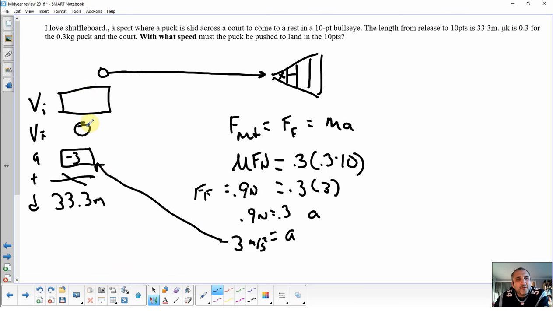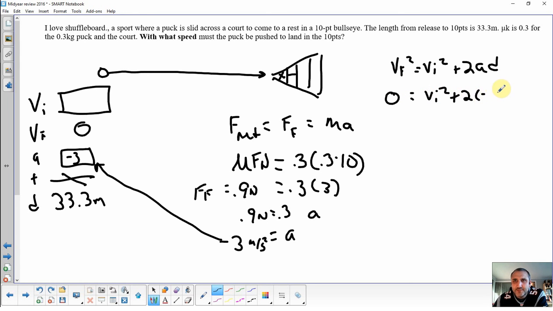And now I've got a VI, VF, an A, and a D. Again, VF squared equals VI squared plus 2AD. 0 equals VI squared plus 2 times negative 3 times 33 1/3.